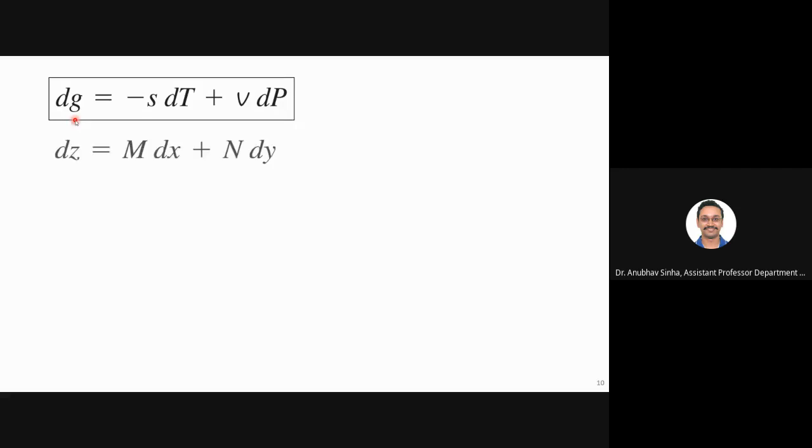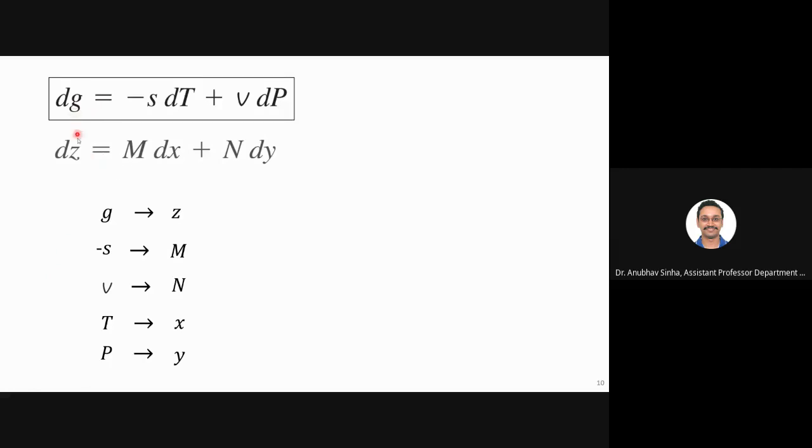So again, the corresponding mathematical function, and these are the corresponding variables. So G, don't confuse this with gravity. This is the Gibbs function, the intensive form of the Gibbs function, or capital G you can write for the extensive property.